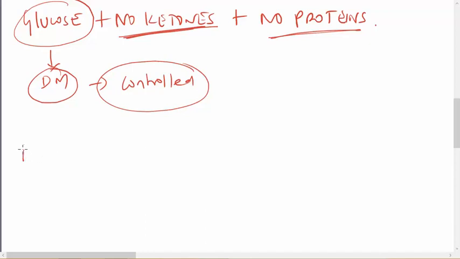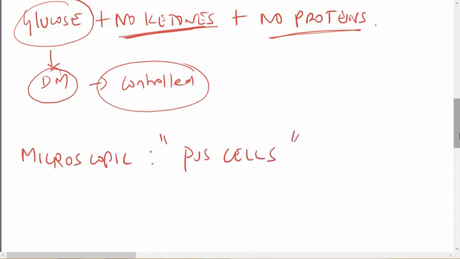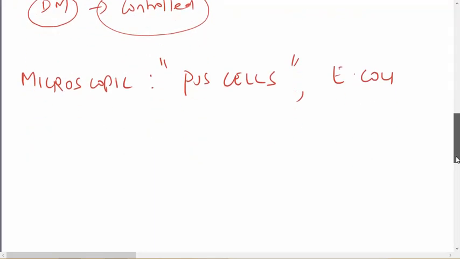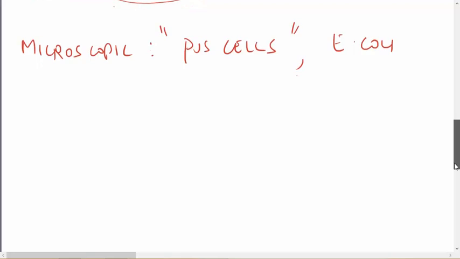Then microscopic examination of urine shows pus cells, as if it's a direct question, and urine culture is E. coli positive. So which of the following complications is most likely to develop in this setting?